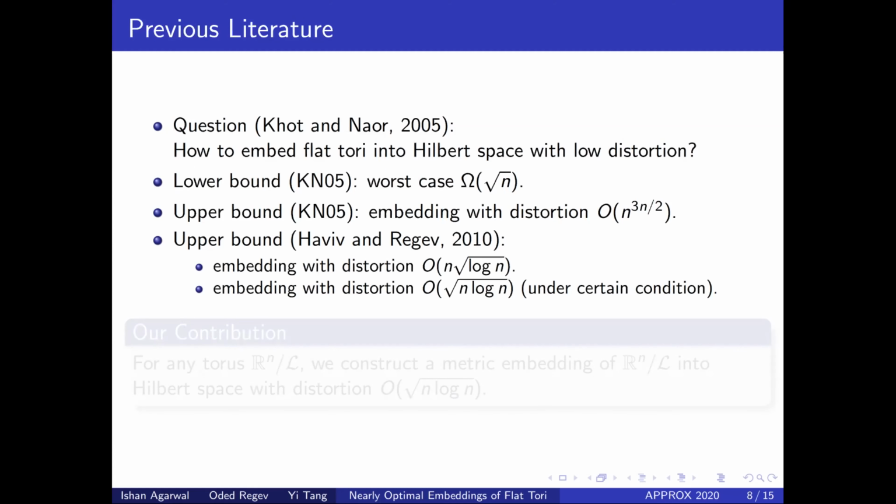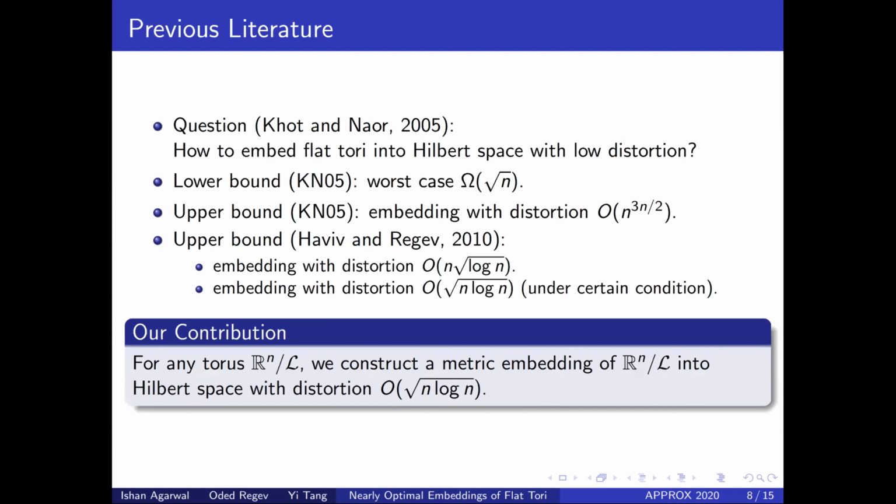However, this is still missing roughly a root n factor. And they do actually have an embedding working in root n log n, which is almost right, but it only works in very special cases. And our contribution in this work is that we show for any arbitrary torus, we have a metric embedding, which we have constructed and which embeds from the torus to a Hilbert space with distortion root n log n.